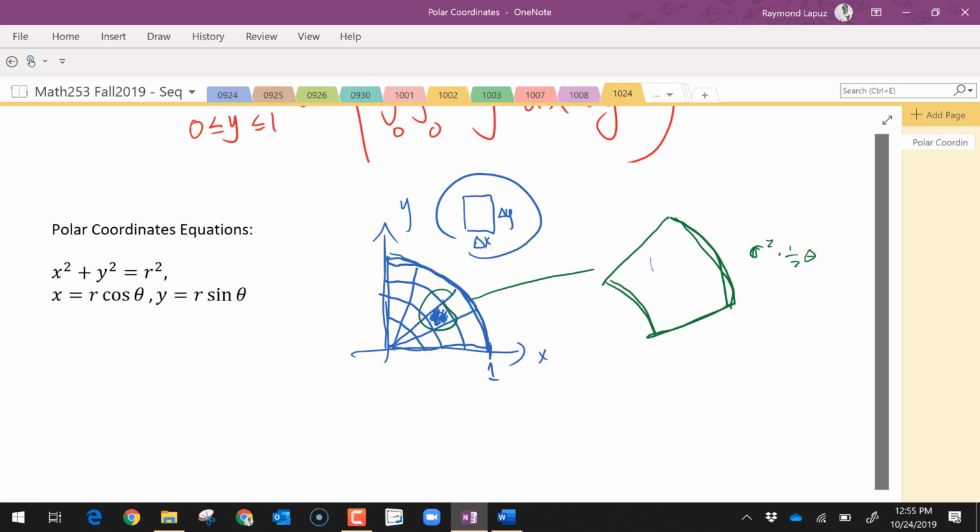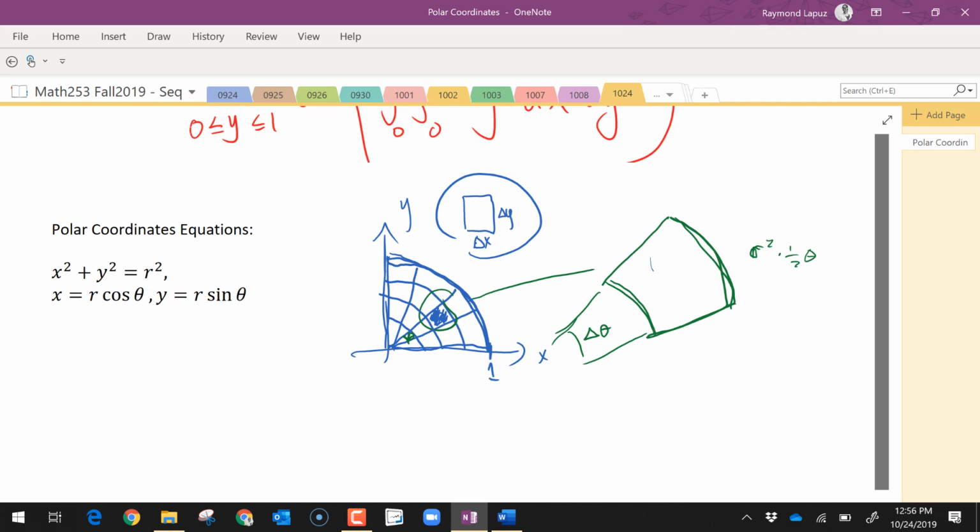If we can measure this angle, this is how our theta is going to be changing, right? So I think our angle here is going to be an angle of delta theta. And then our r is really just a portion of the sector, right?